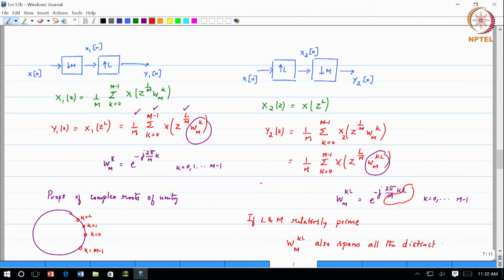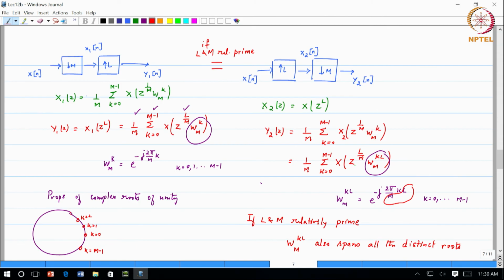So, in other words, that is the only condition under which they will span, because if L was a factor of M, or if they had a common factor, you will find that it does not span all the roots of unity, it will only span a subset. So, a very interesting result that emerges, these two may be equal. We do not know, but you have to check for different values of M, and the equality holds if L and M are relatively prime.